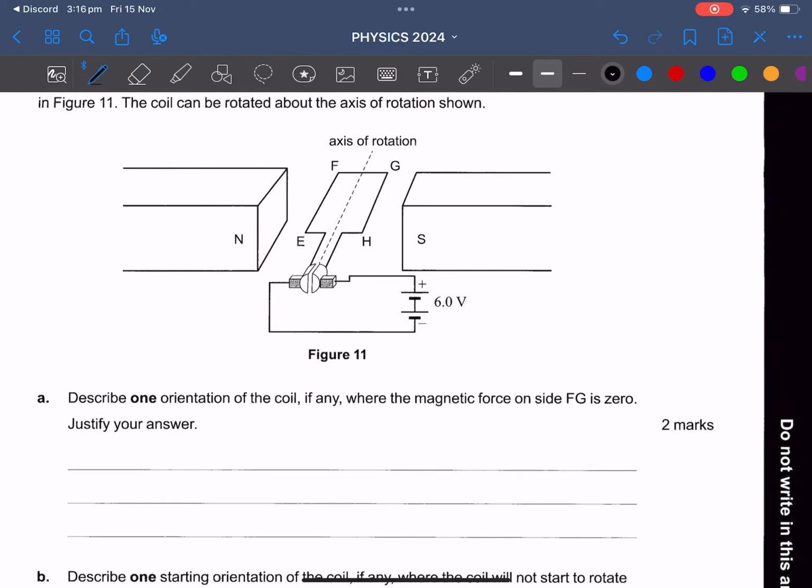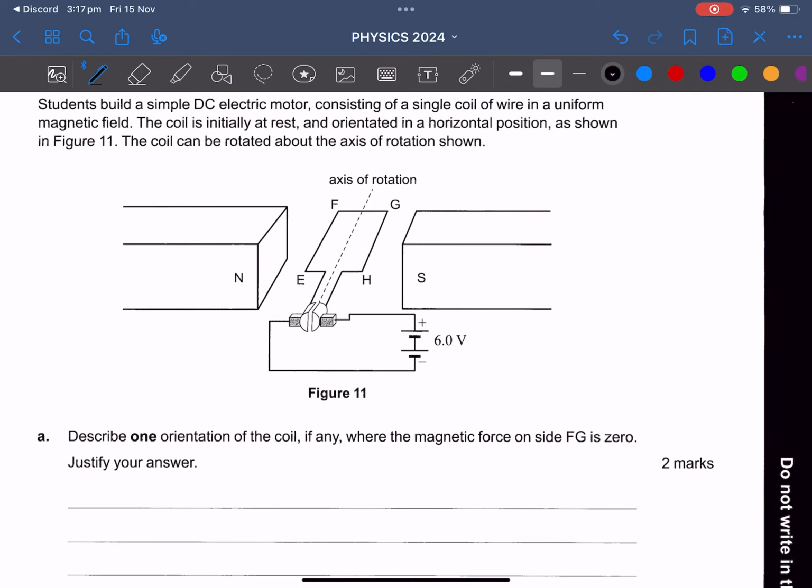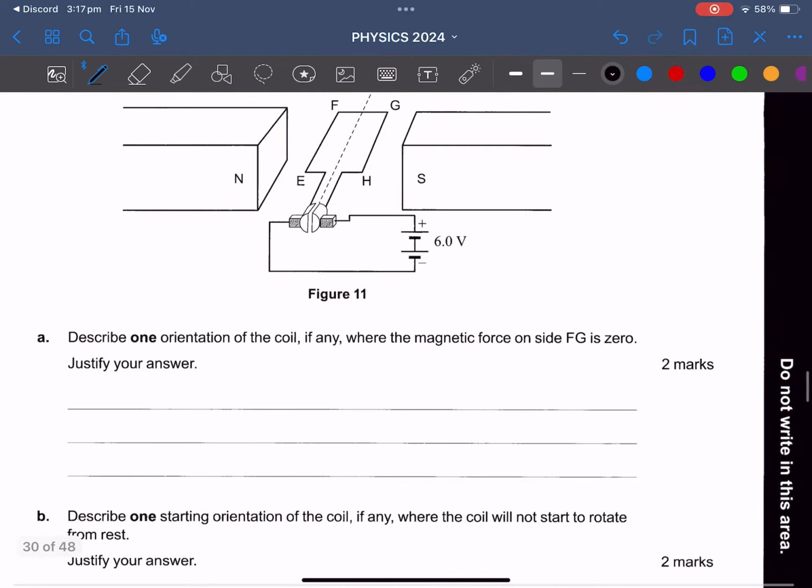Okay, I guess that happens when the magnetic field is parallel to FG, basically.